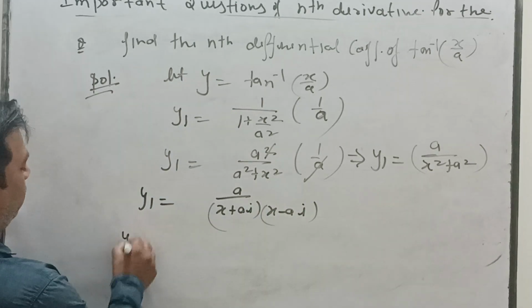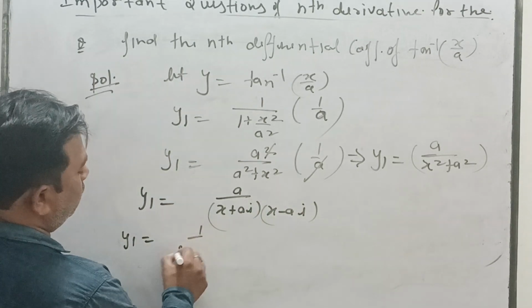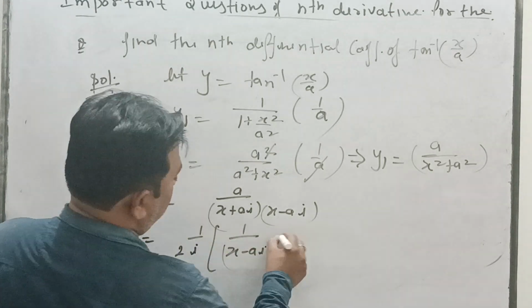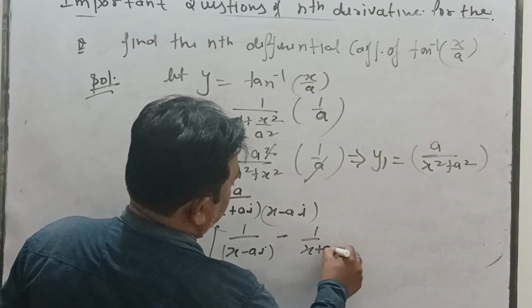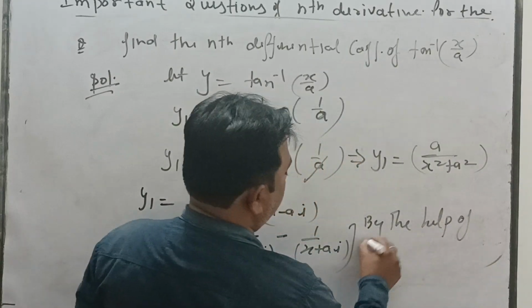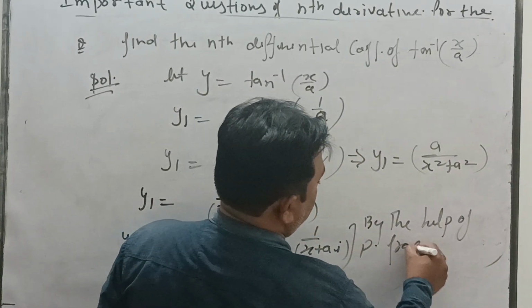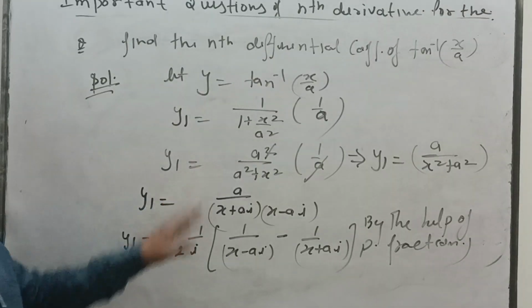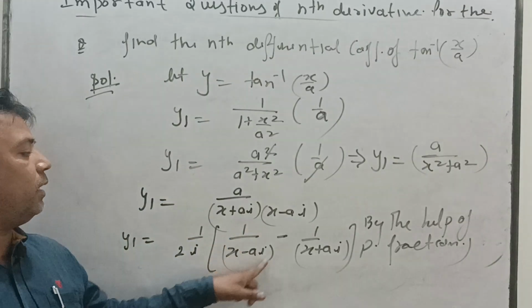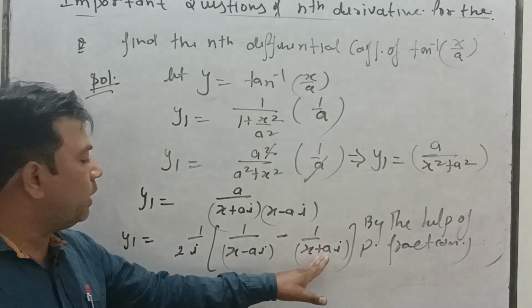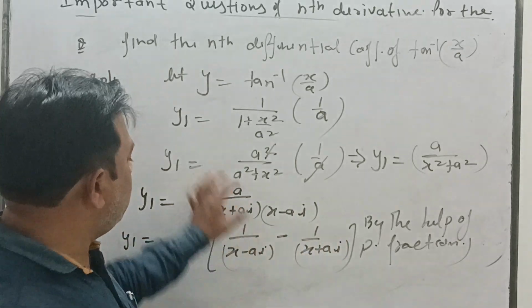We write y1 equals 1 upon 2i times (1 upon (x minus ai) minus 1 upon (x plus ai)) by the help of partial fractions. Similar process: take the LCM, cross multiply, solve it and get the value.